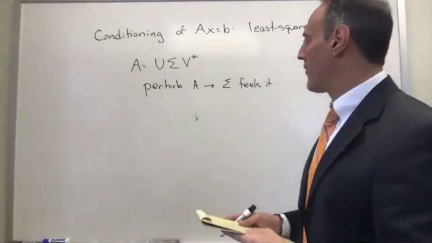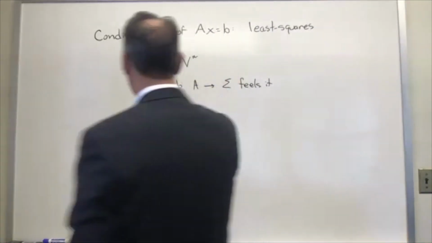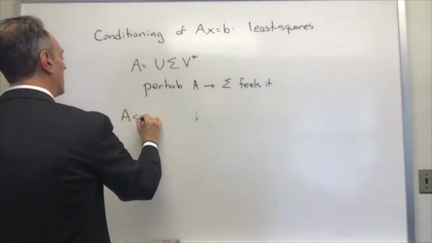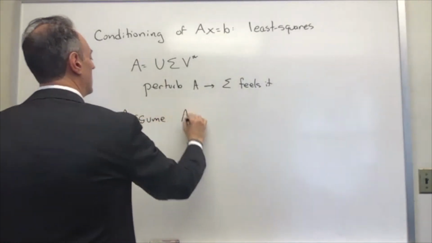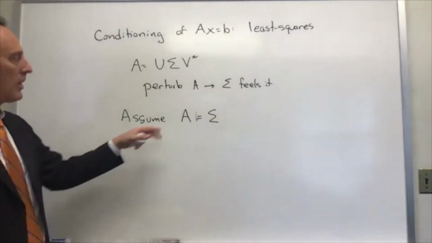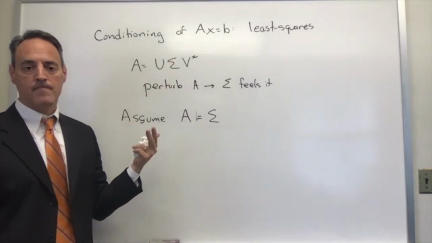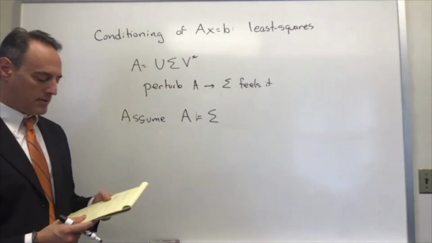So one way to think about this, roughly, is to assume for a moment that A is just sigma. We're going to ignore the U and V for a moment, because this is going to illustrate the entire point for us.